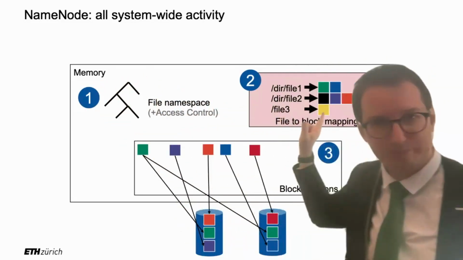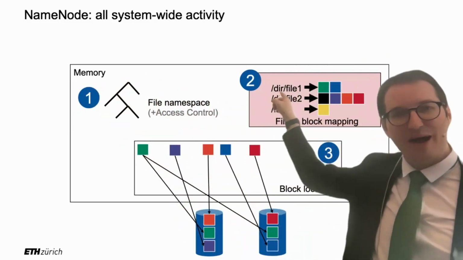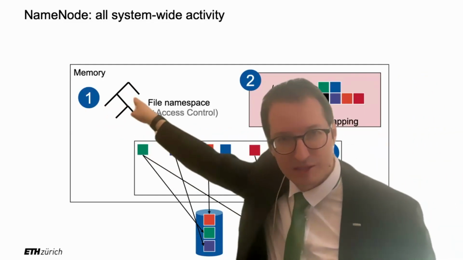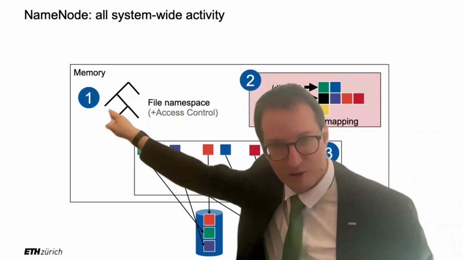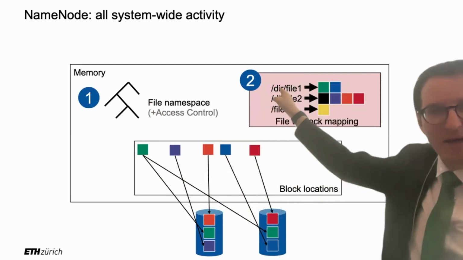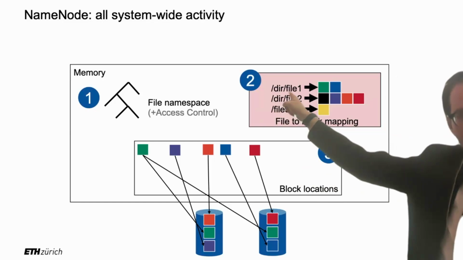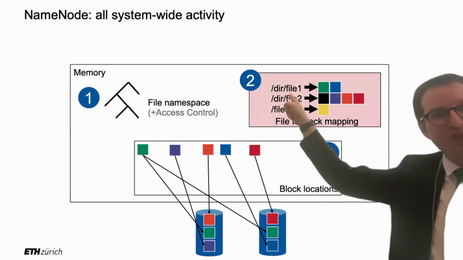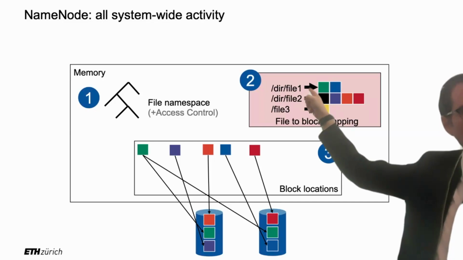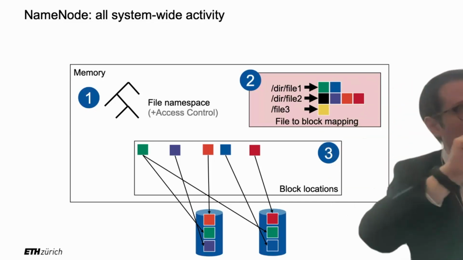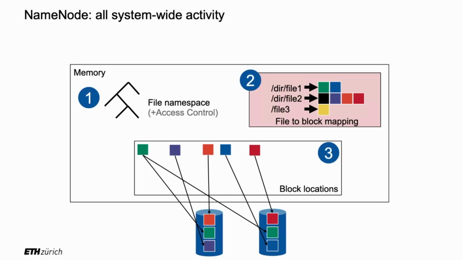Number one. Number two is that every file, so these are the leaves of the tree, so these are directories here, and directories, and here these are files. At the leaves of the tree, these are files. Every file which has a path, right, that's the path in the tree, is associated with a sequence of block IDs, not the actual blocks, because again, I repeat myself, the blocks, they are on the data nodes, right?